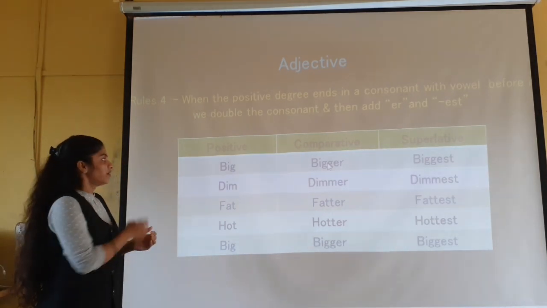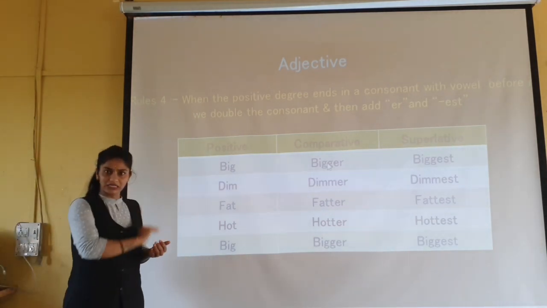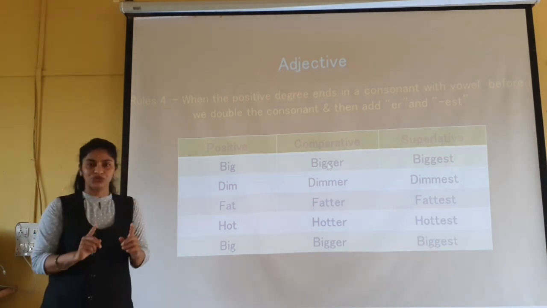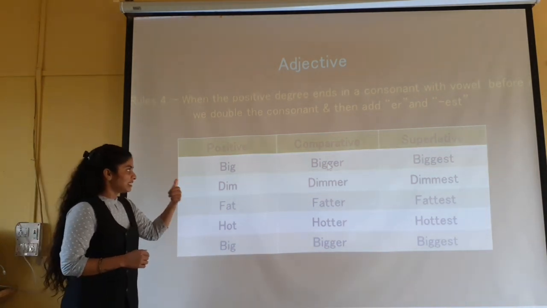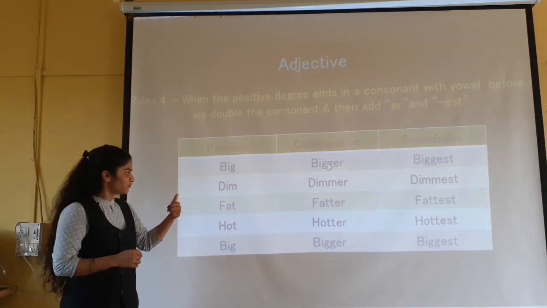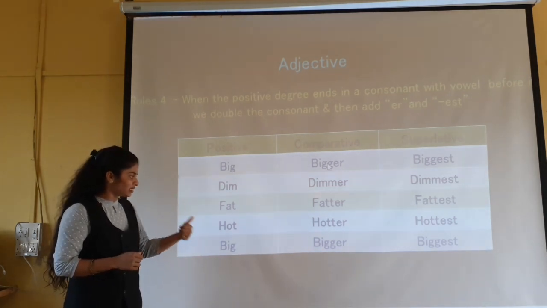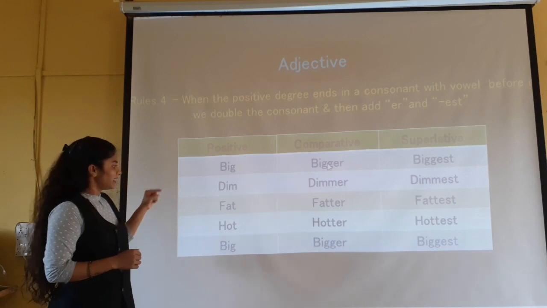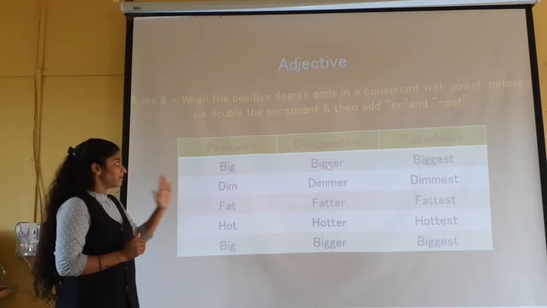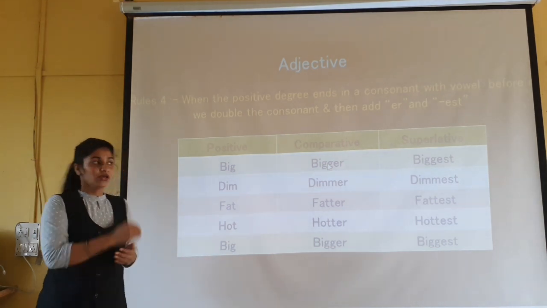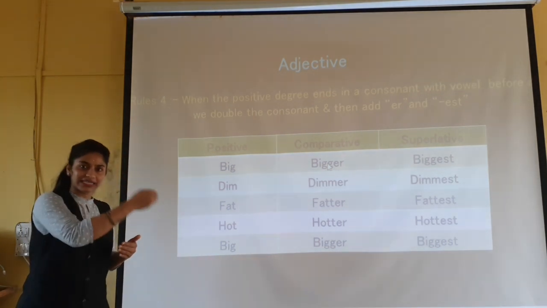Why is it double? Because before the consonant, here G is your consonant, before every consonant there is a vowel. Before G there is I, before M there is I, before T there is A and before T there is O. I, A and O are vowels. So if before the consonant there is a vowel, you are going to add the last letter again.